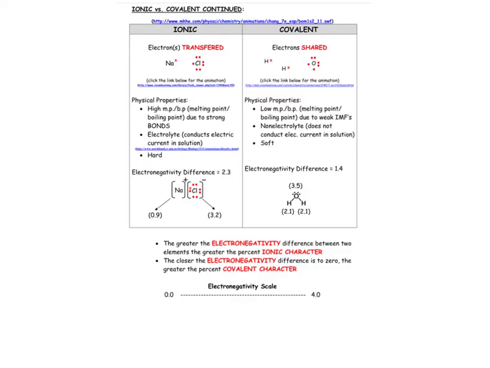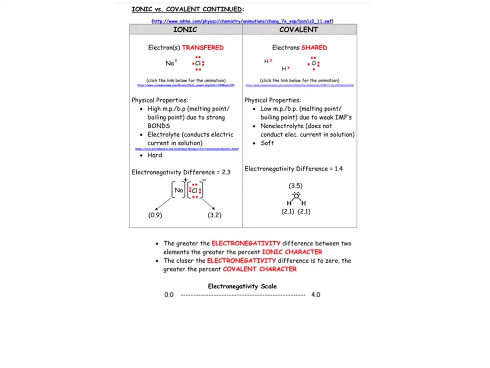Here we can see a big compare and contrast between the two major types of compounds. Different compounds are characterized by their kinds of bonds. There's ionic bonds. In ionic bonds, electrons are transferred from the metal to a nonmetal, while in covalent bonds, electrons are shared between two nonmetals.